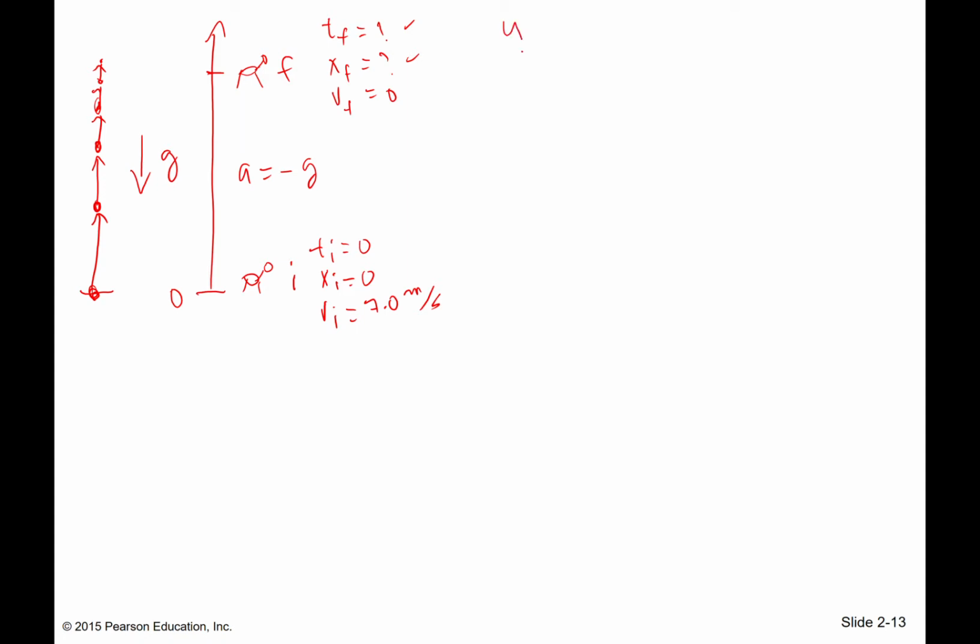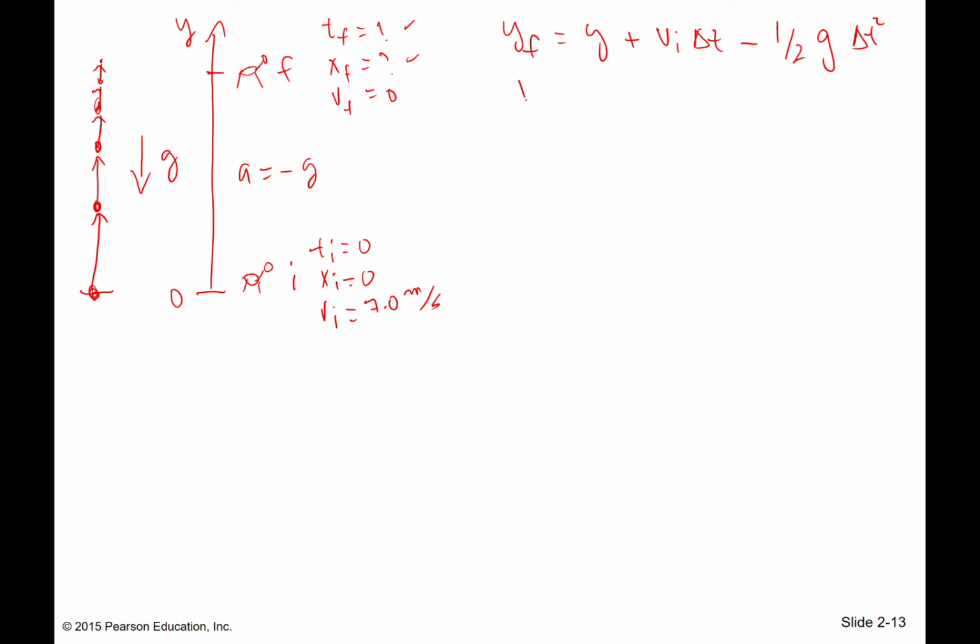We have y final equals y initial, and I forgot to say, for this coordinate system I'm naming the axis y, plus v initial times delta t plus 1/2 a delta t squared. Remember that the acceleration a is minus g, so I write minus g here. That's my first equation.